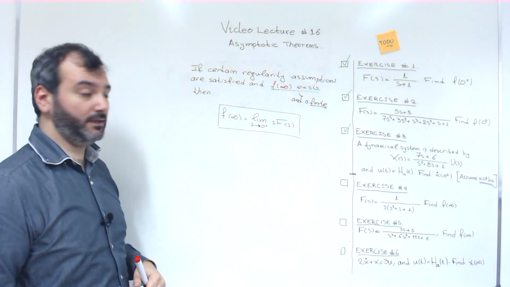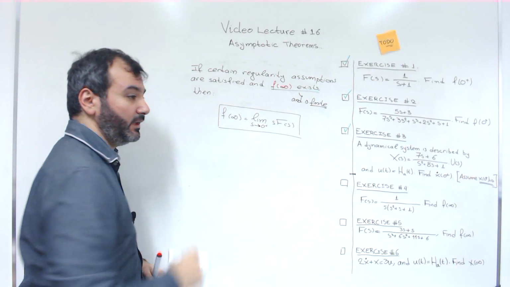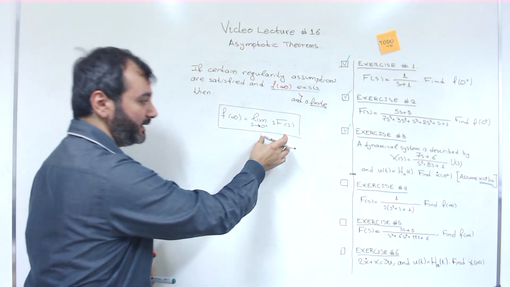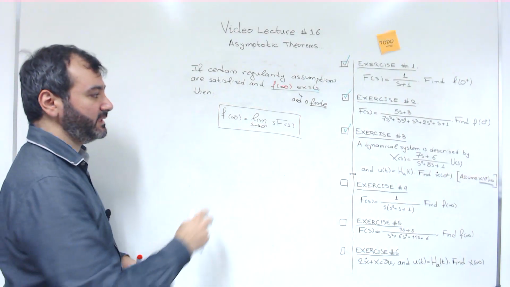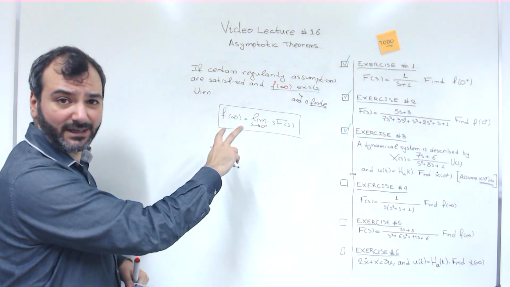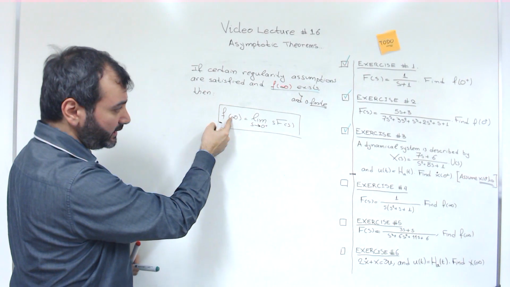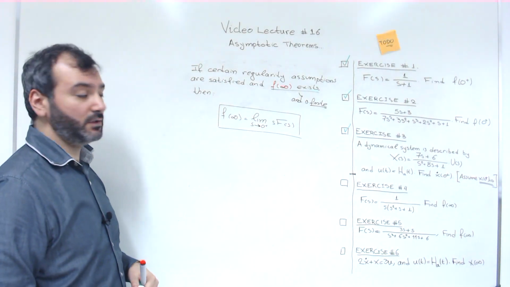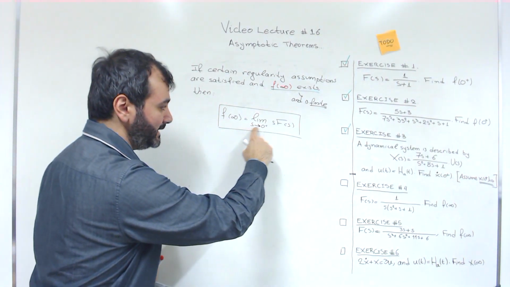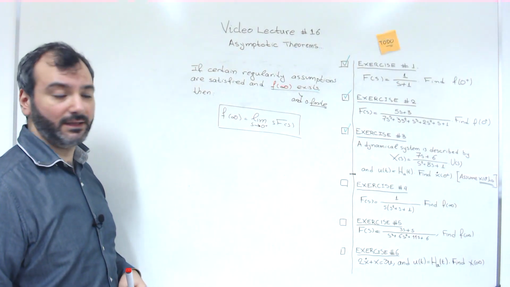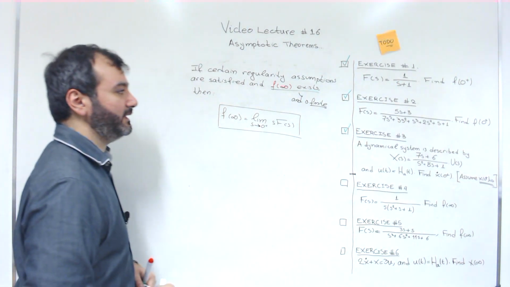Not infinity. Then you can compute it using this formula over here. It is like the initial value theorem. The only difference is that 0 and infinity are swapped. So plus infinity goes here and 0 plus goes at the limit. So it is s goes to 0 plus over the real numbers, s times f of s.